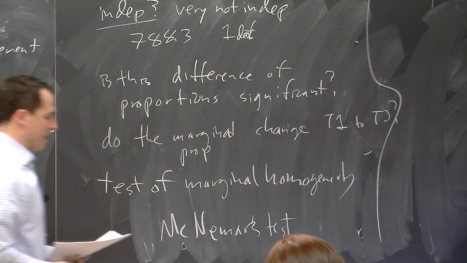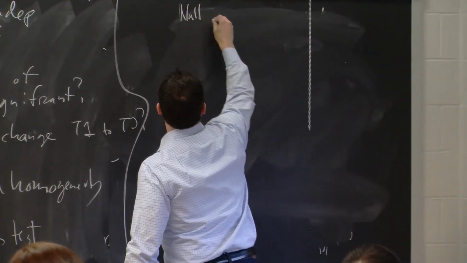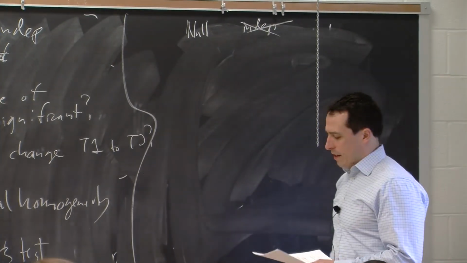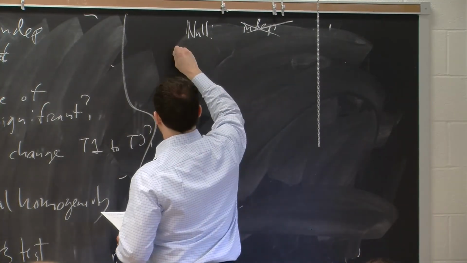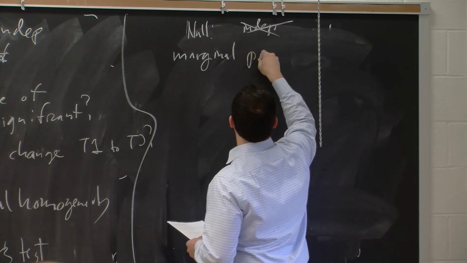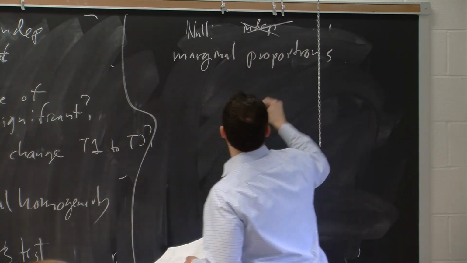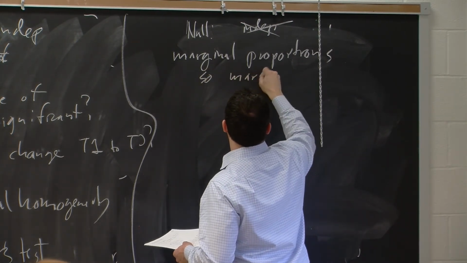The null hypothesis is not independence. It has nothing to do with independence. We know for sure it's not independent. The null hypothesis is that marginal proportions are the same. And since the number is fixed at 1600, then the margins are the same.